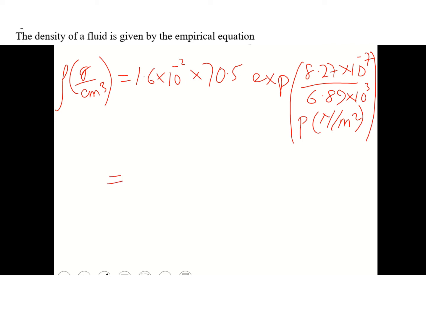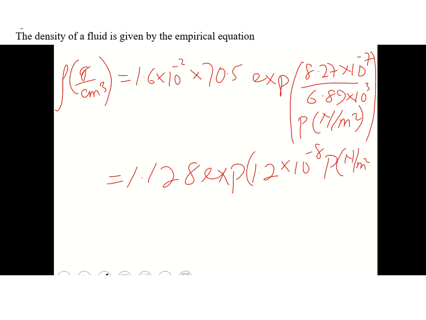By the time we do the factorization, simplification, multiplication, and division, we are going to have 1.128 exponential 1.2 times 10 raised to the power minus 8 P, where P is now in Newton per meter square.